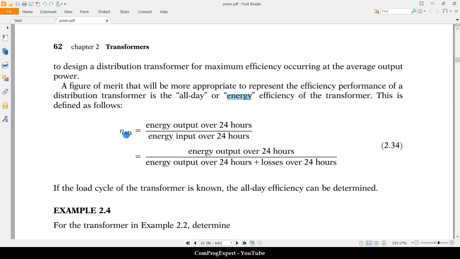The all day efficiency or energy efficiency of a distribution transformer is defined as the energy output over 24 hours divided by the energy input over 24 hours. So here we have energy output and we have loss. How can we calculate the energy output over 24 hours?